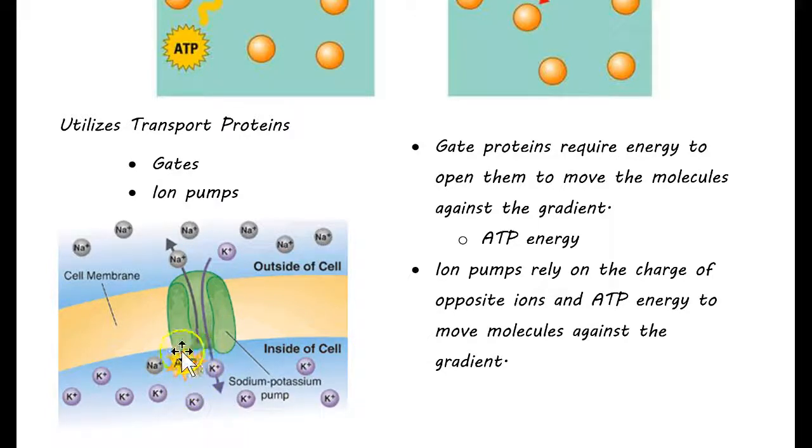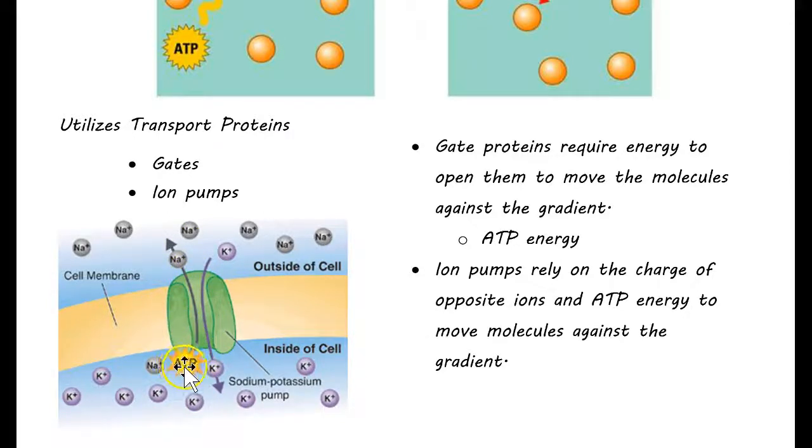You can see it's going to work with energy because of the pumping action that takes place, but it's also going to be negatively charged so that it will attract the positively charged molecules to move across the membrane. So here's positively charged sodium, this is negatively charged, and it's going to move it across.